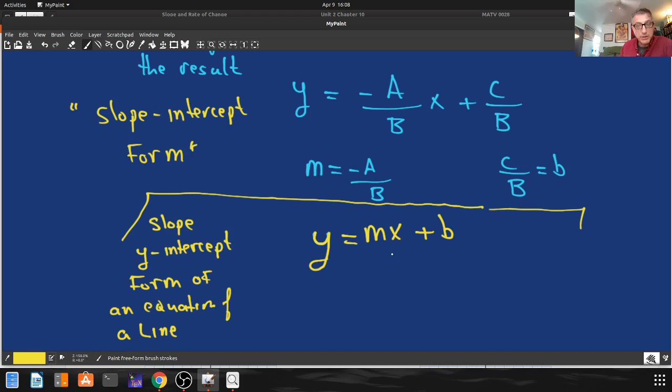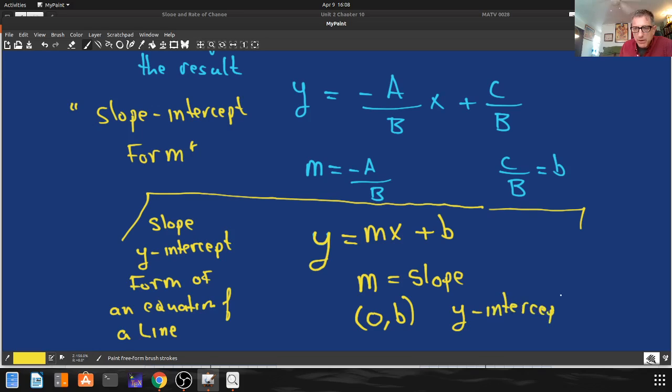So what's so special about this form? M is a constant. X is our variable. I remember our variables are y or x. M is a constant. M is equal to our slope. And B is the non-zero value for the point, which is our y-intercept.